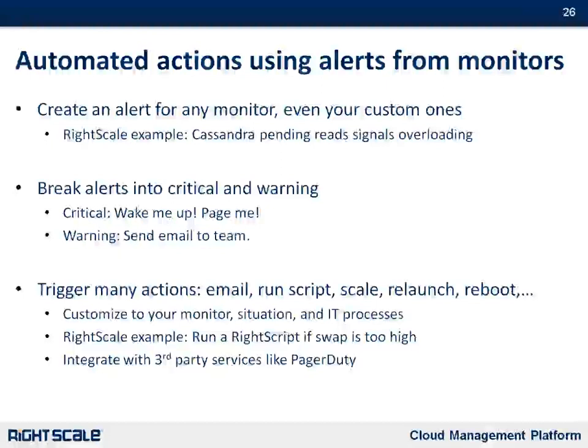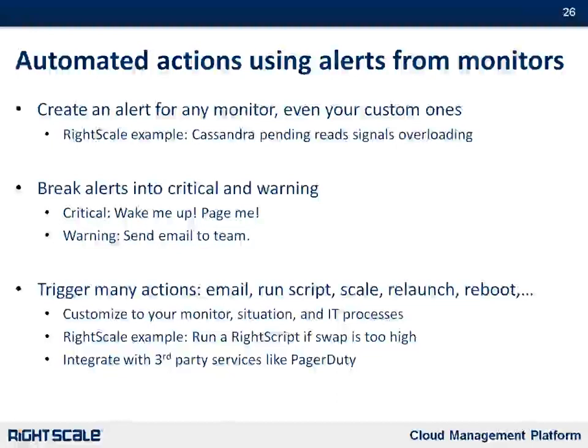It's important that you break your alerts into different classes depending on how you're going to respond to them. Two simple examples are critical alerts that need to be responded to immediately, and warning alerts that keep you informed that something may be abnormal, but that don't have to be addressed immediately. Maybe you want to do it during office hours.